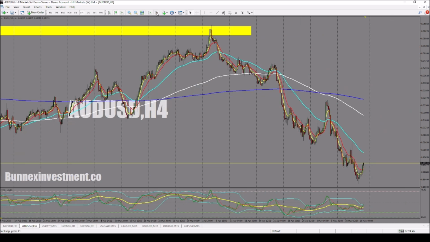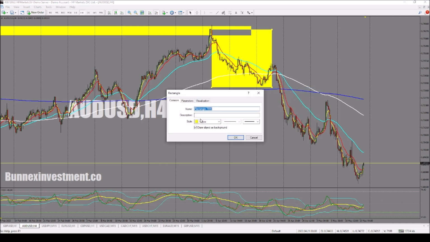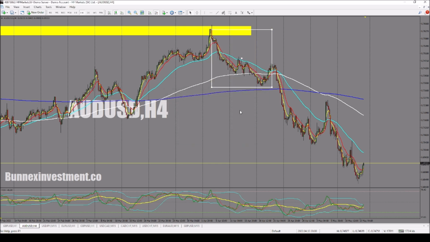So on the H4 time frame, from this point, this is what we see. Let me use a different color so that it won't be confusing. Right, so we had one, we had two levels of drop on the H4 time frame, and we had the third one, which is this one, right?